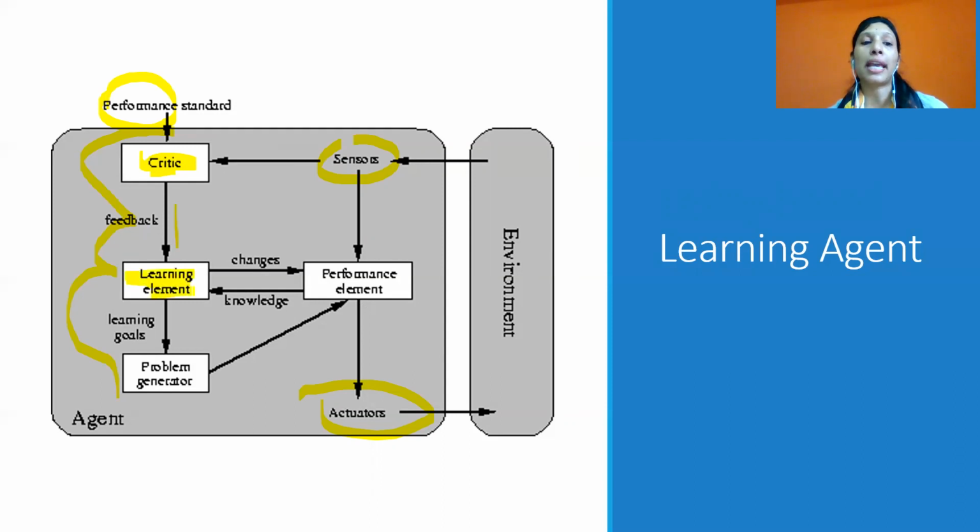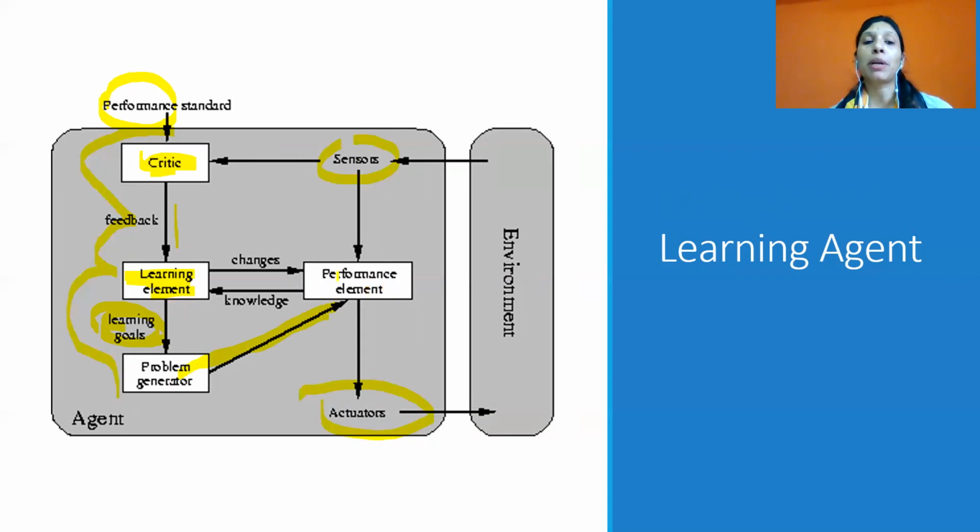We find out the error and we'll find out how we can improve, right? And based upon our learning goals, we'll check whether the particular agent has met the goals or not, or can we make some improvements. Then it will generate the solution and give it to the performance element.